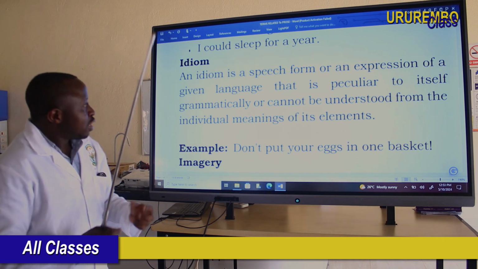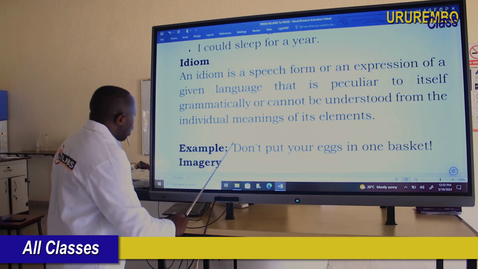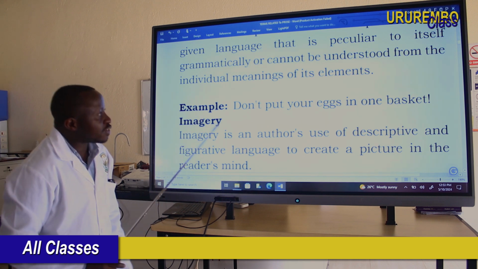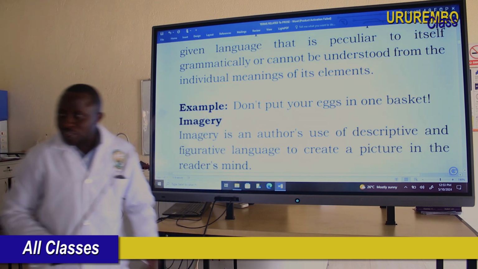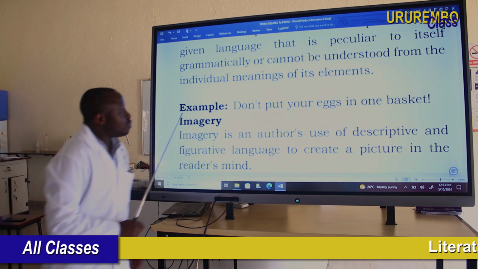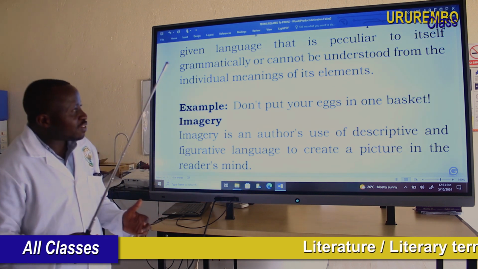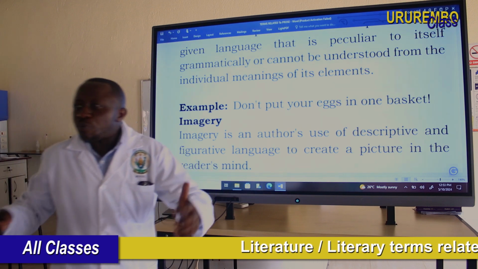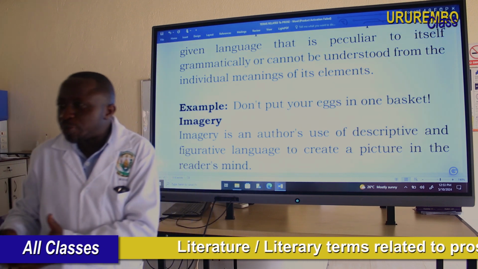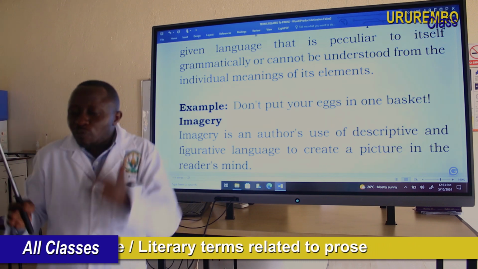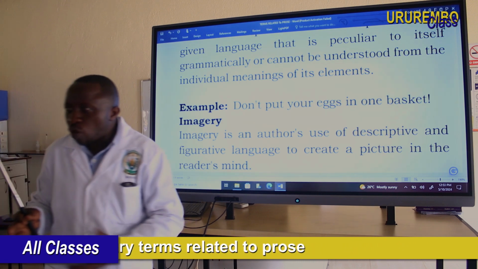Okay? The reason why here we have an example. Don't put your eggs in one basket. This is an idiom. What does the idiom mean? It means that don't just invest your money in one business.